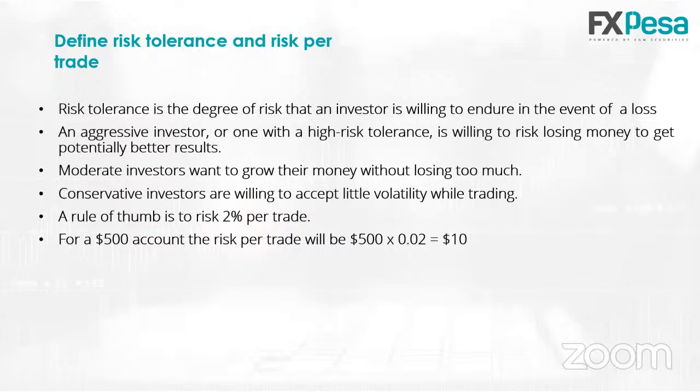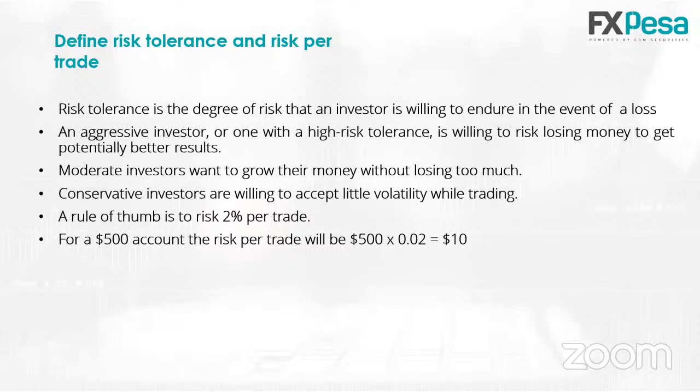So you generally have three types of traders. You have an aggressive investor or a trader who has a high risk tolerance. They have a high risk appetite. Exactly. They're willing to put larger chunks of their capital on the line so that they can get potentially better results for that risk.